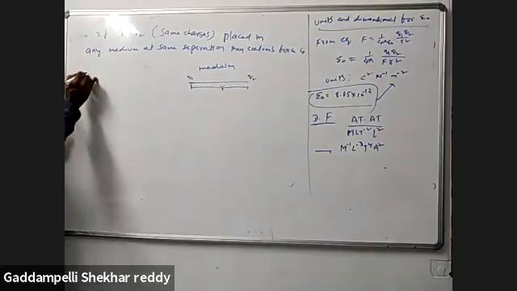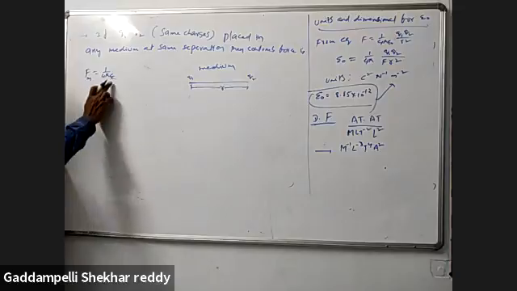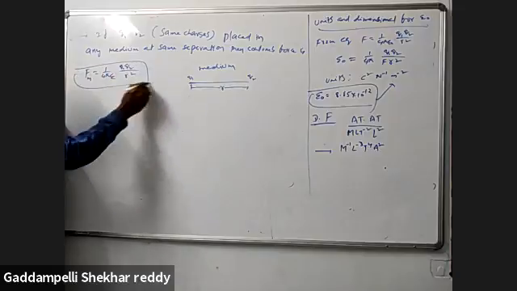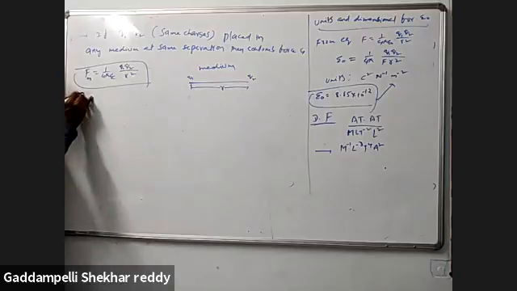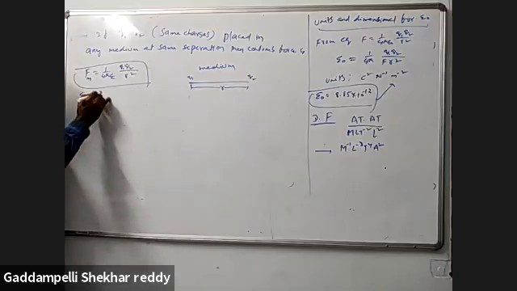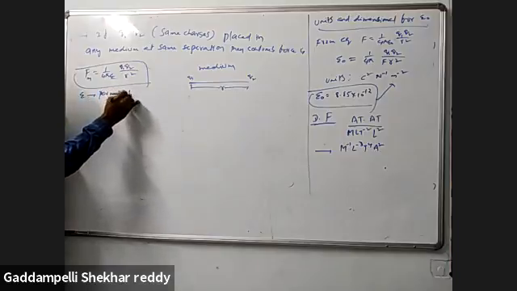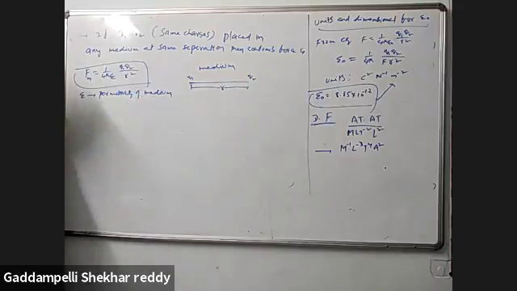Now the Coulomb force in the medium: F medium is equal to 1 by 4 pi epsilon Q1 Q2 by R squared, where epsilon is the permittivity of the medium.